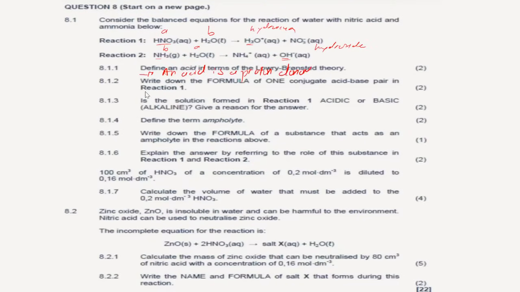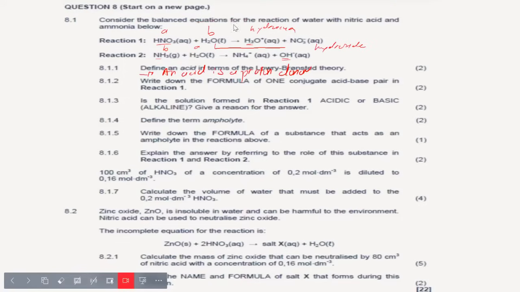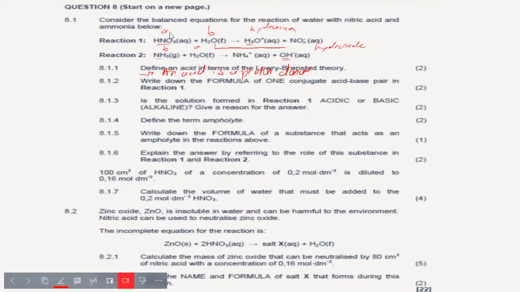And then 8.1.2 says, write down the formula of one conjugate acid-base pair in reaction 1. So we know that in reaction 1, this acid goes with its conjugate base over there, right?